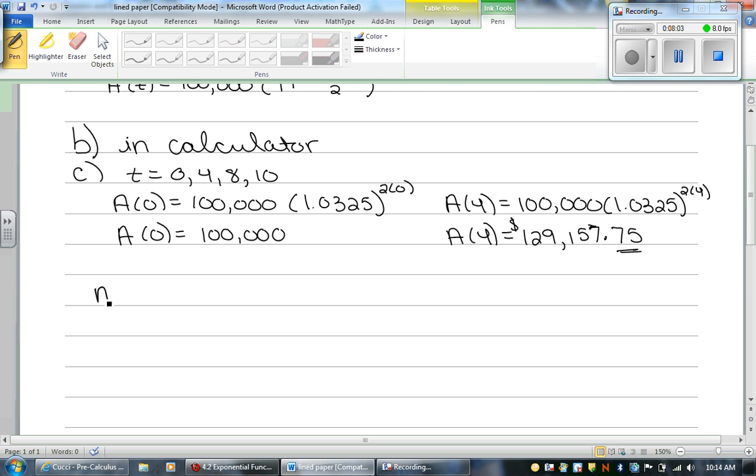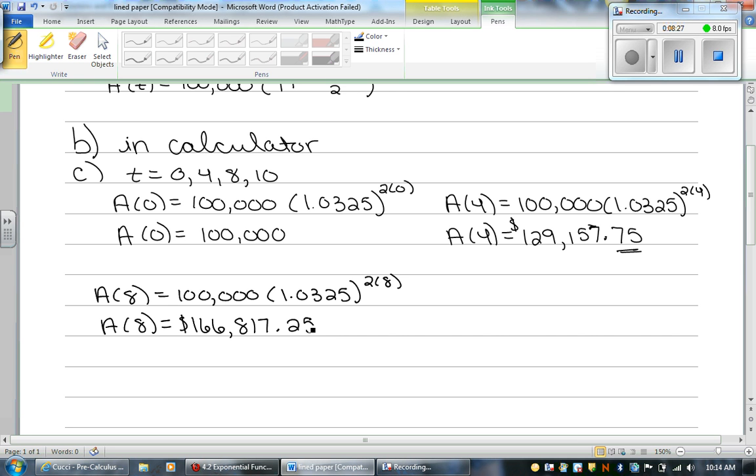A of 8. Now you could also pull this up on your table from your graph. That would work as well. And take a minute, put that in your calculator. You get 166,817 and 25 cents.